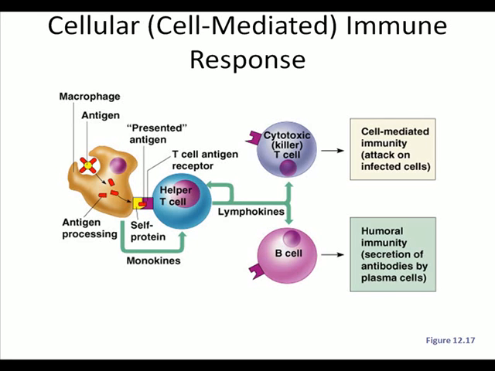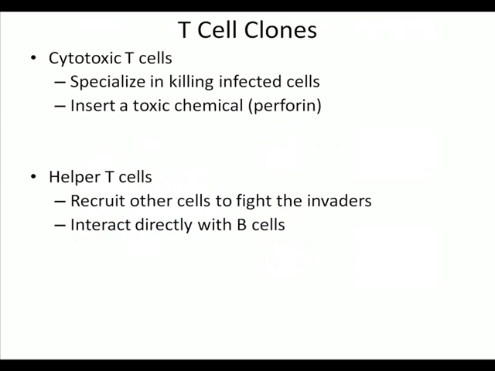antigens to respond to. In this case, when the cells find their antigens, as the cells make copies of themselves and expand after they've found their antigen, several different types of T cells get made. One kind are called cytotoxic T cells or killer T cells.